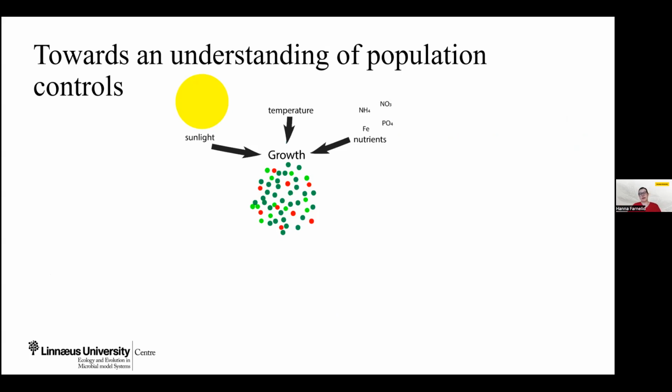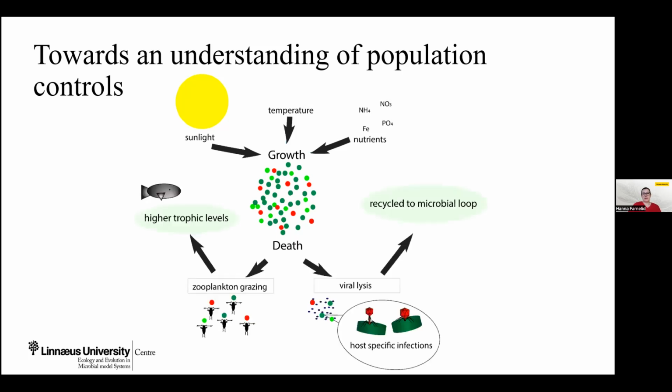When we think about phytoplankton growth, we can think about the availability of light, temperature optimum for growth conditions, the availability of nutrients. But then there's also another thing to think about, and that is how are they dying? Are they being eaten?